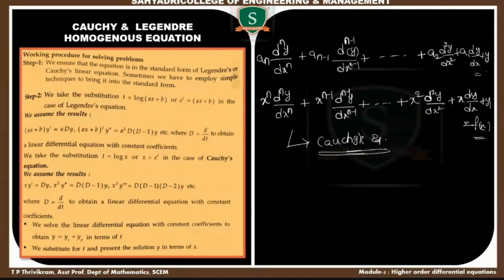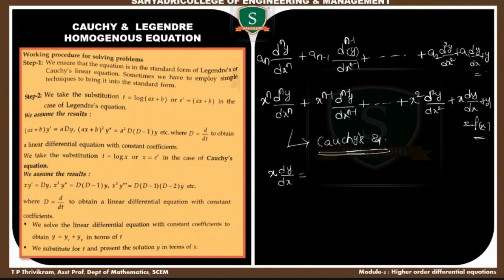That means we have to take some assumptions or substitutions so that this Cauchy's equation will convert to a linear equation with constant coefficients. So what are those assumptions? Here x dy by dx is equal to, I'll replace this as Dy.